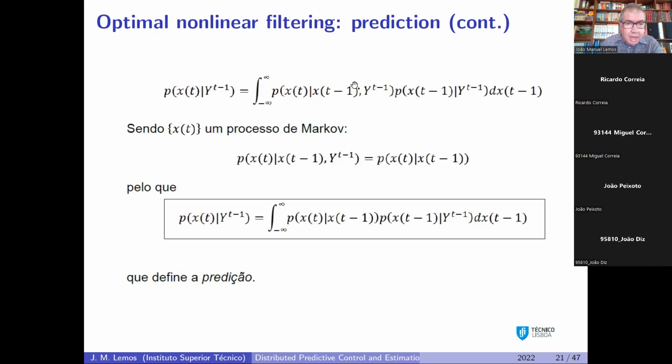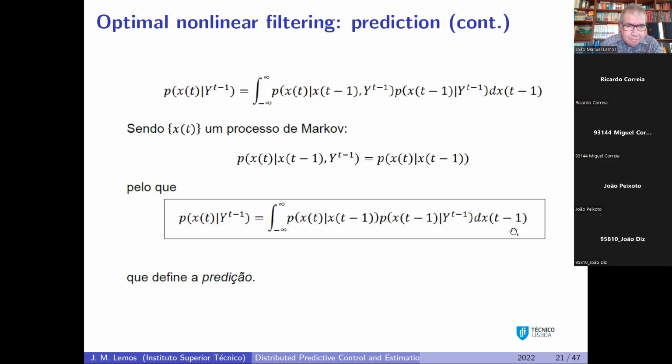So I can just cancel out, because xt minus 1 has all the information needed here. I can replace this conditional density by just this one, in which I've made a conditioning on xt minus 1, using the Markov process. So I place that there and I get this equation.